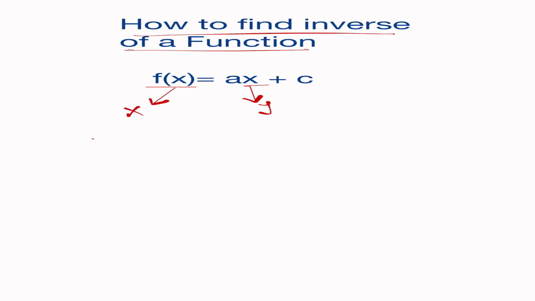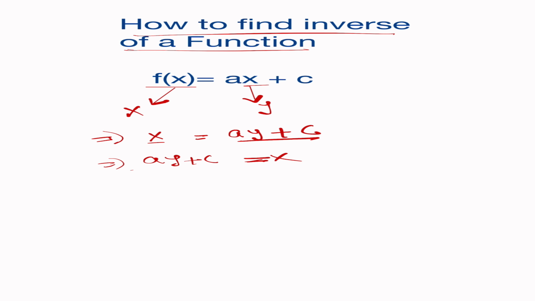So f of x we write as x, and we have a y plus c. Since we have to solve for y, we can flip the equation: a y plus c equals x.